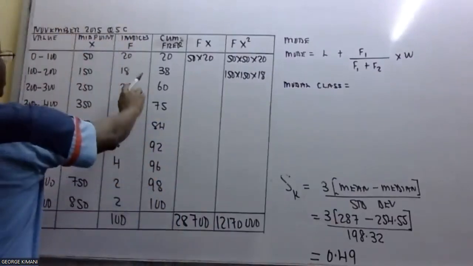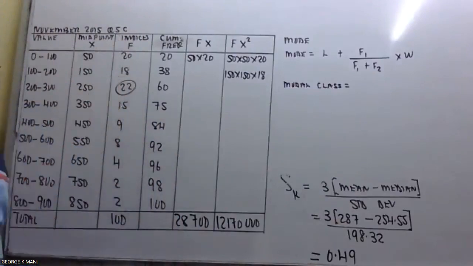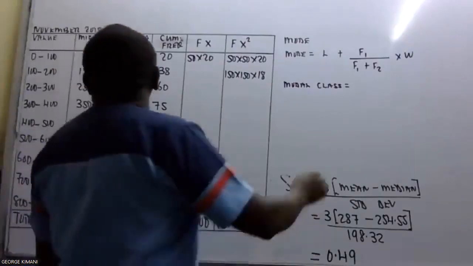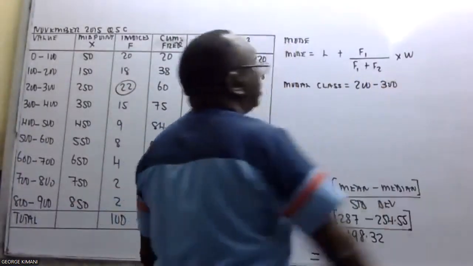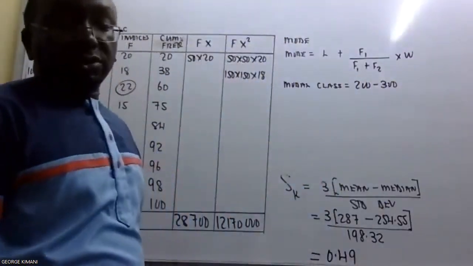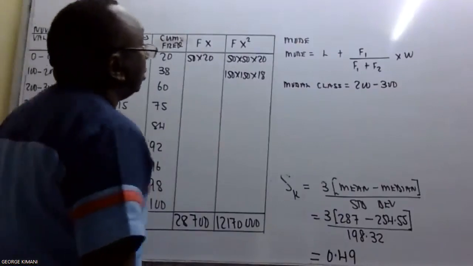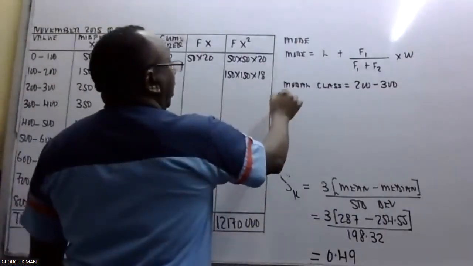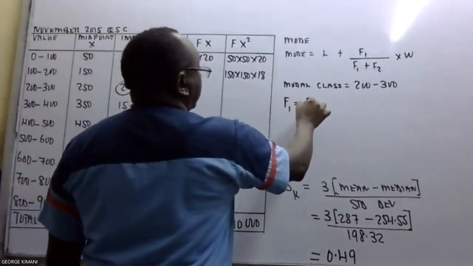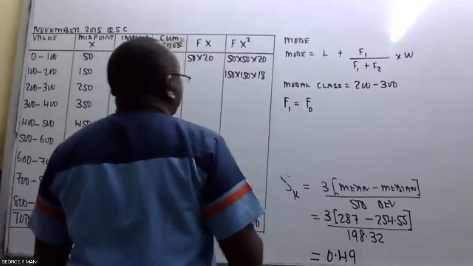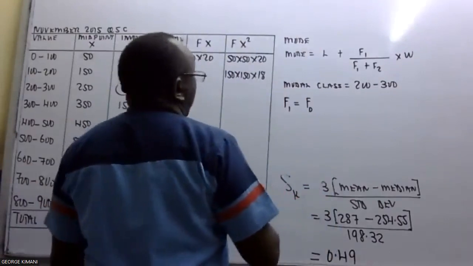So we come here and pick the highest frequency as this, 22. So that is the class of 200 to 300. F1 is given as F0 minus F-1.